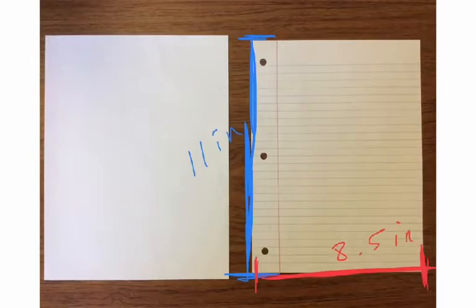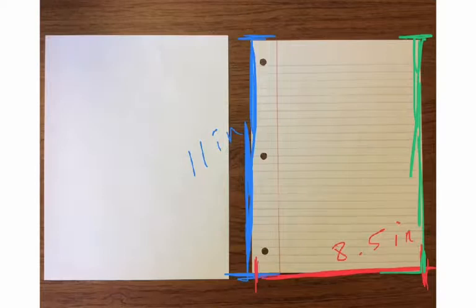Now, if you don't have access to a ruler or a yardstick or a tape measure or anything that can measure, you can always use a sheet of paper. I do this sometimes. A regular notebook sheet of paper is 8.5 inches wide and 11 inches long or tall. So that's the part you can focus on. You can basically almost round out this notebook sheet of paper with the 11 inches here to 1 foot. It's pretty close.